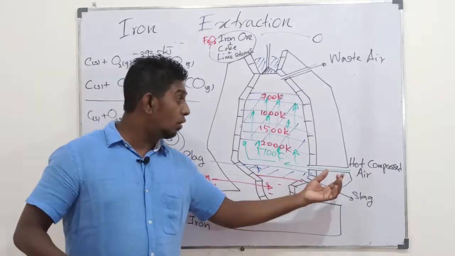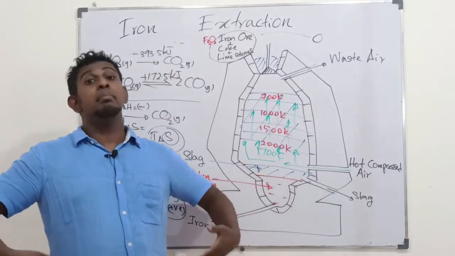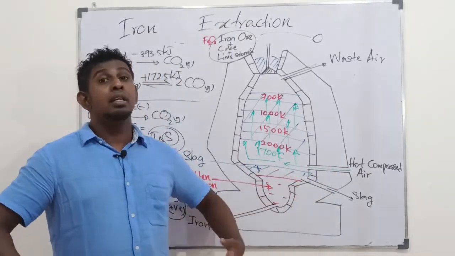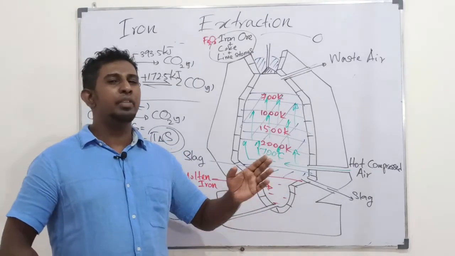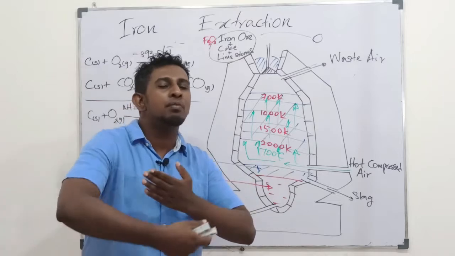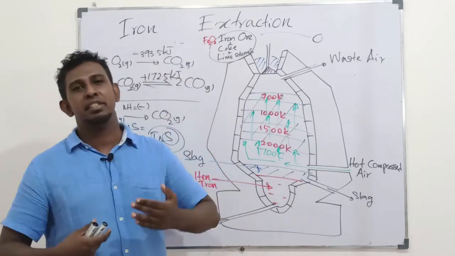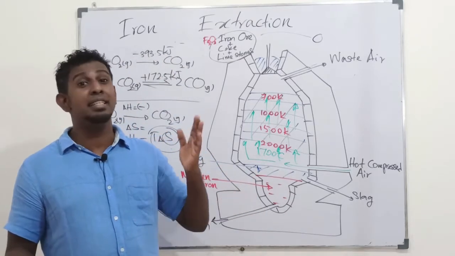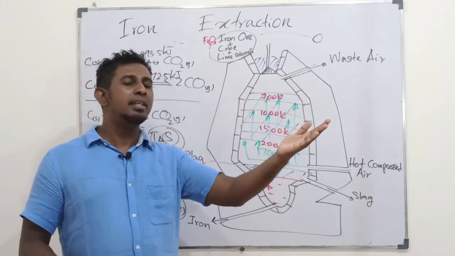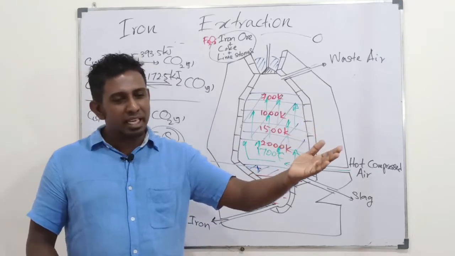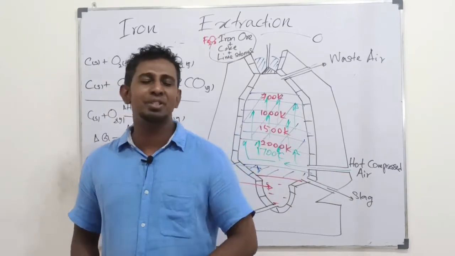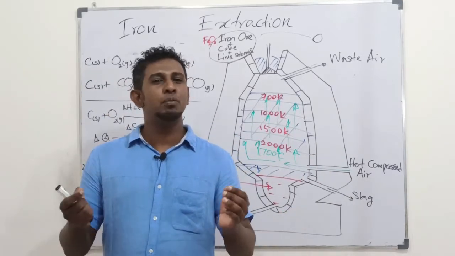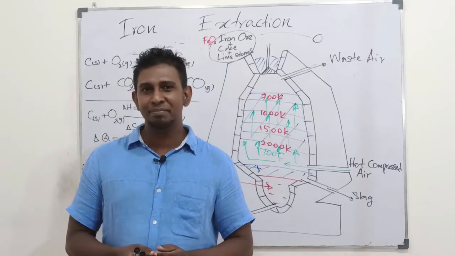All of a sudden with this combustion reaction you got a huge amount of carbon dioxide formed, but the temperature is very high, therefore its transformation is spontaneous. At this high temperature, carbon dioxide would get transformed into carbon monoxide easily, smoothly, gradually.